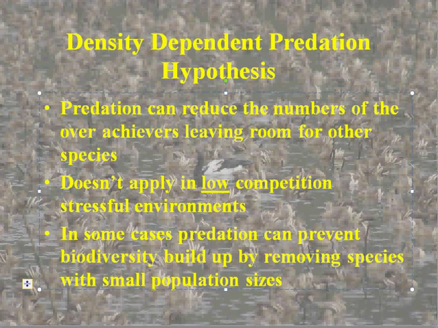Okay? So in that way, predation acts as a check on the very competitive overachievers in the ecosystem, leaving room for other species. Okay? So density dependent predation would only apply in ecosystems or environments which have a good supply of resources, so that highly competitive species can breed up.